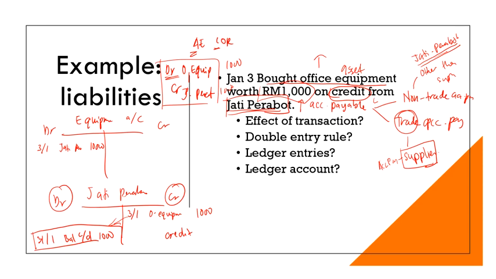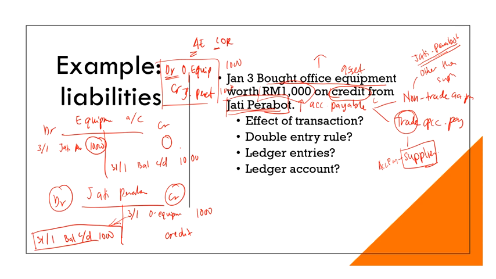Okay, so kalau untuk equipment pula, equipment will have a debit balance, as debit figure is higher than credit figure. Credit yang kosong. Okay. So on 31st of January, balancing of figure, balance carried down is 1,000.